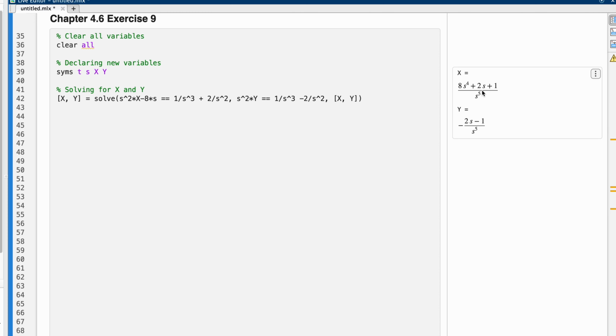Once we have this, I'm going to apply the inverse Laplace. Or if you were on a test, first you apply the partial fractions.